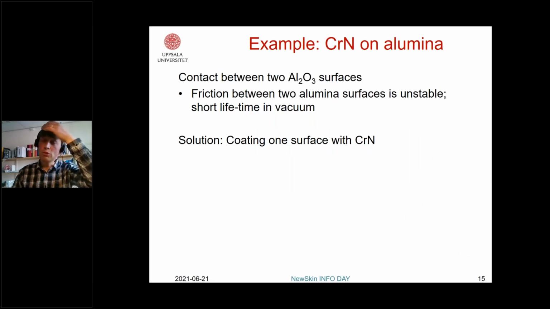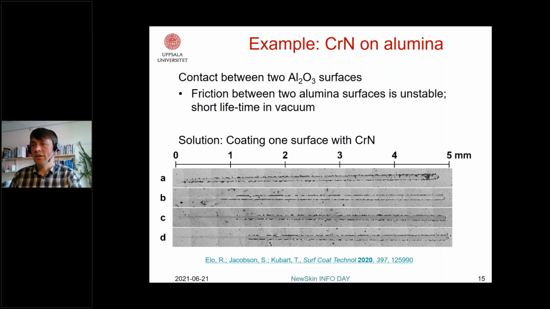So we looked at the use of chromium nitride at the alumina interface, on one surface of alumina in contact with another alumina component. And we did some work on this. We found that chromium nitride works fairly well, but of course important is to make coatings with good adhesion, and in our case that required quite a bit of stress engineering.